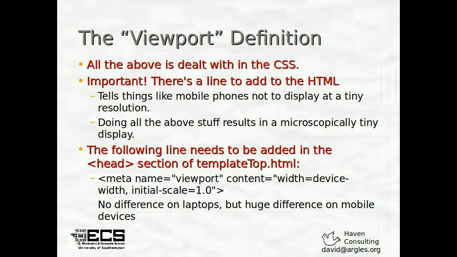This makes no difference whatsoever in terms of the way laptops display, but it makes a massive difference in the way that mobile phones and possibly tablets display depending on their width. So it's important to get this one line in, and we just add it to the HTML in the head section as it says here.